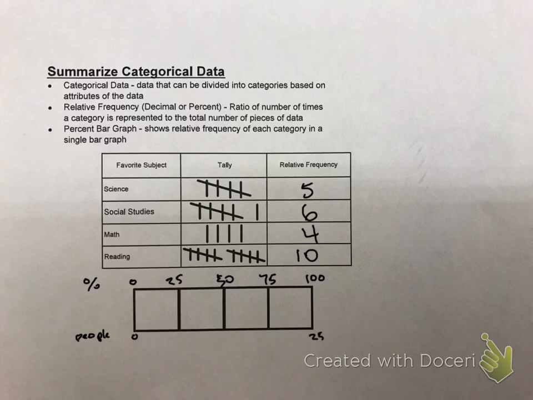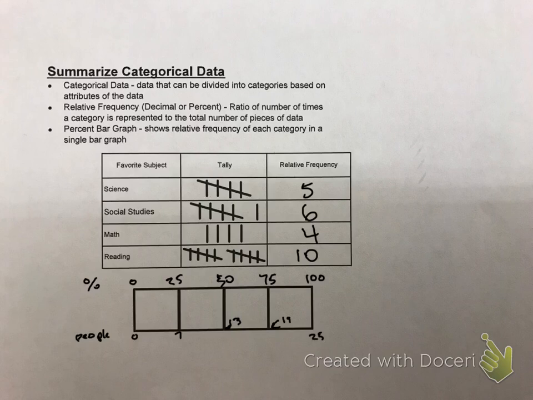So this will be about 13 people. The 13 would go here, and then we'll call this 7 people. And we'll call this 19.